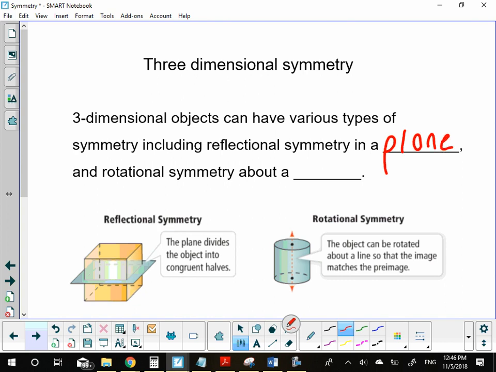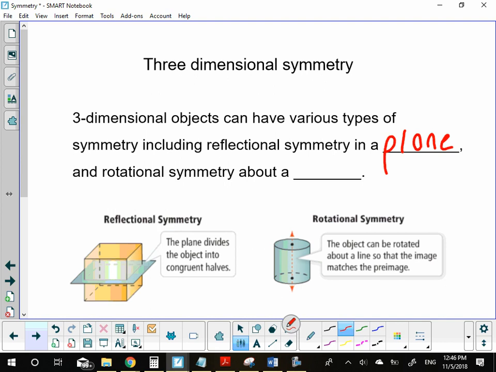Like if I have a perfect cube and I draw a plane through it, basically inserting a sheet of paper exactly through the middle of it, I can put the top half onto the bottom half, and it's the same thing. So it works in 3 dimensions as well.